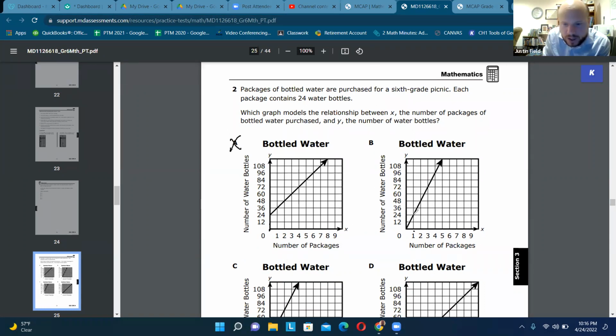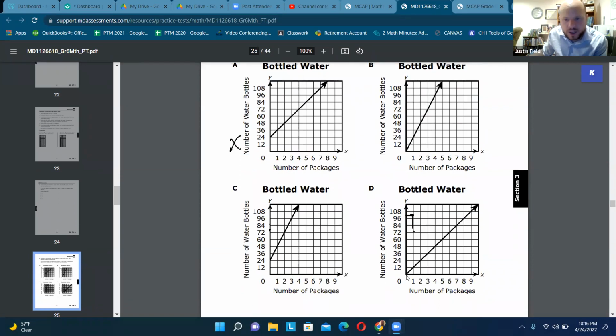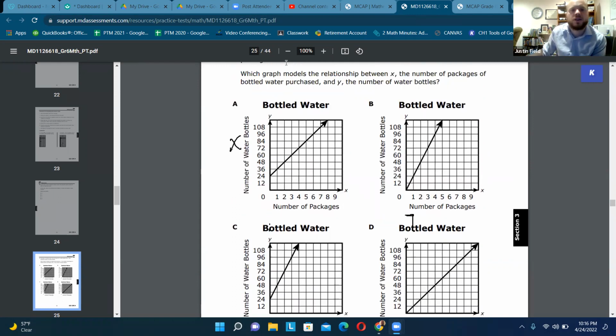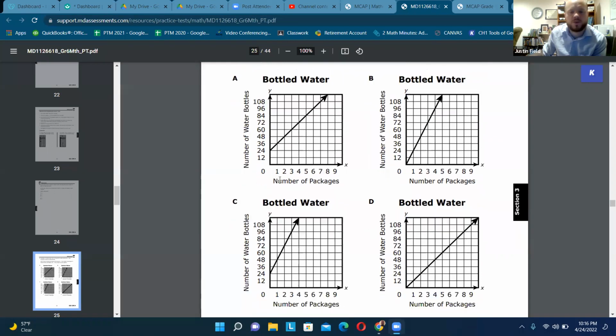And that's what we see here. So this is a possibility. 1 package is 24, and we know that means 2 is 48. Yep. Let's see, any of the others do that? No. C doesn't start at 0, and D, it's 112. So the answer is B. Any questions? Let's move on.